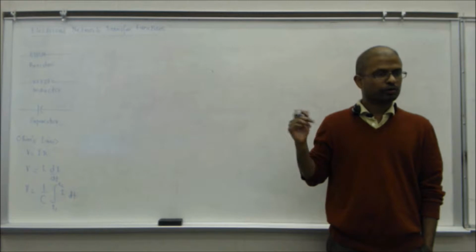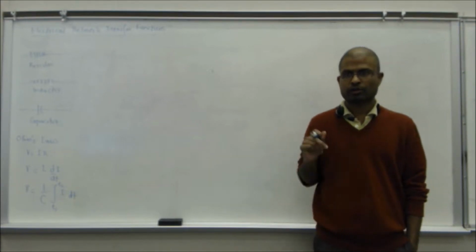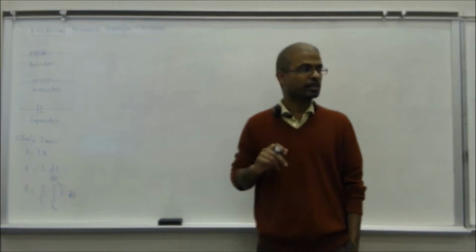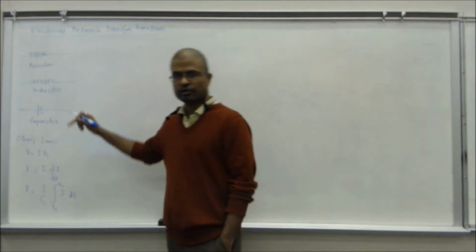The scope of control systems for this course is only for LTI. LTI is linear time invariant. Linear means the input-output relationship is a straight line, and time invariant means the system does not change as a function of time.